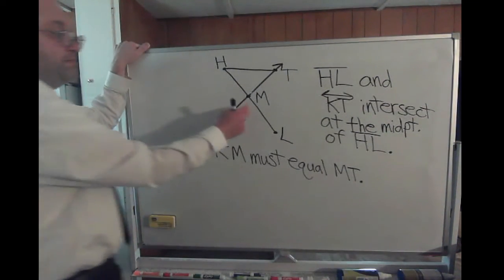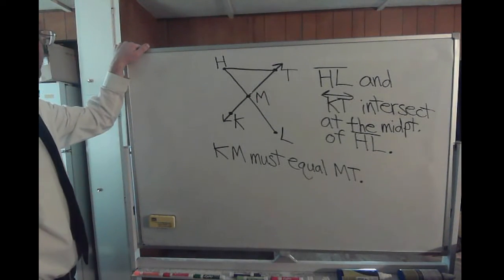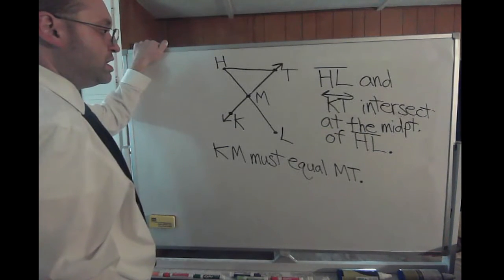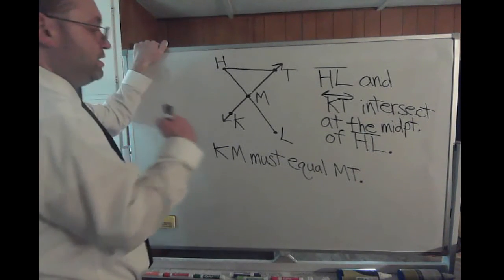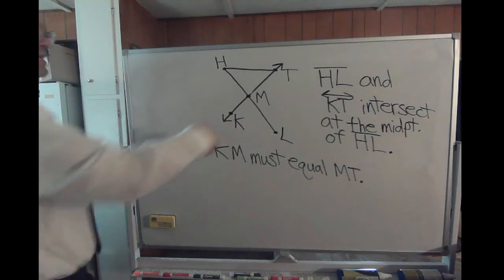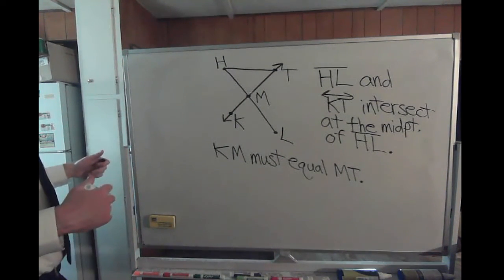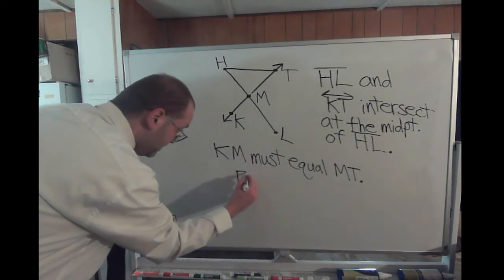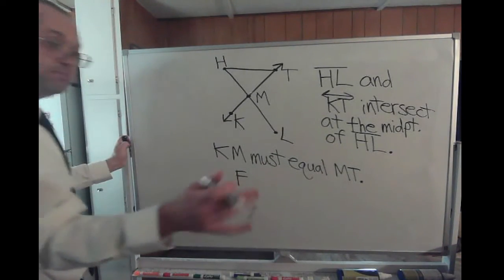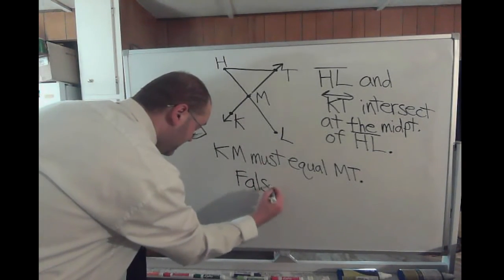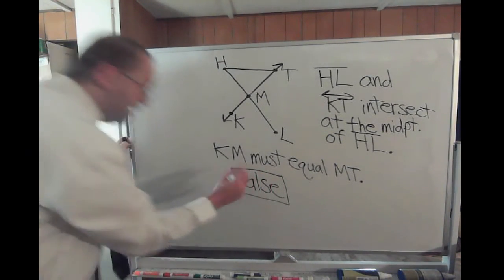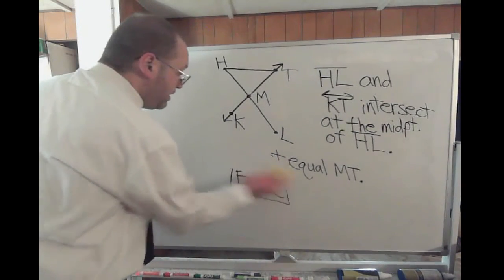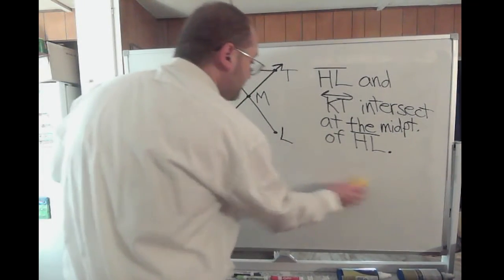We don't know if it's at the midpoint. Well, it wouldn't be, now would it? Lines go on infinitely. So we don't know anything about line KT, so it may be true, it may not be true. If there's not enough information given, and it's saying it must be equal, we're going to say this statement is false, because we don't really know one way or another.